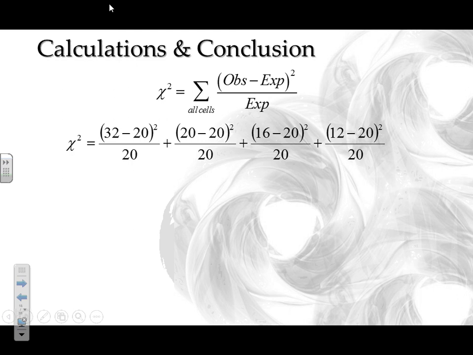So for quarter 1, there were 32 hockey players born. So 32 minus 20 squared over 20, and so on. So you plug each of these into your calculator, get a specific value, and then overall, we get a chi-square value of 11.2. So, go ahead and get out your calculator, because I want to show you what to do with this value now.